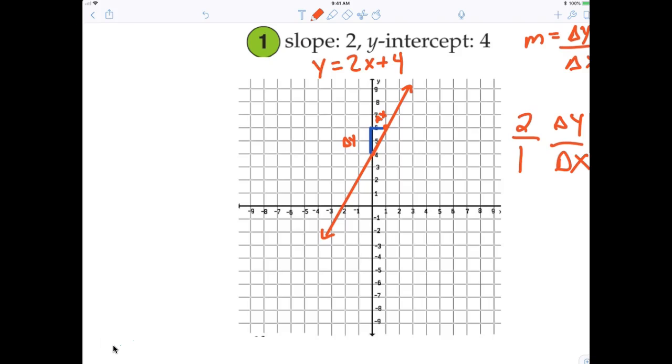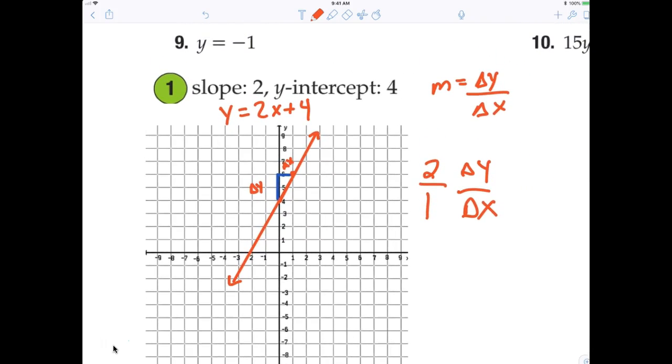I said X and Y are the points that are on the graph. The X and Y are simply the points that are on the graph. You with me on this? In other words, if I plugged this point 0,4 into the equation, it would be true. If I plugged 1,6 into the equation, it would be true. You with me? All right.